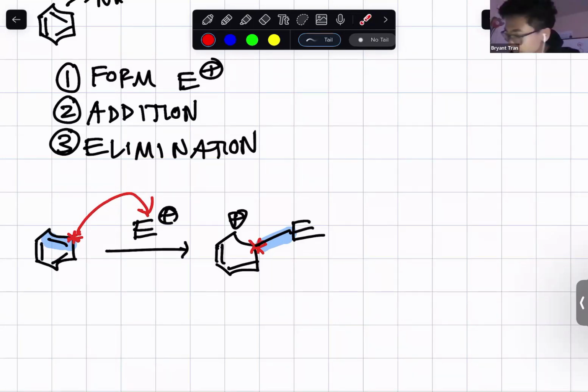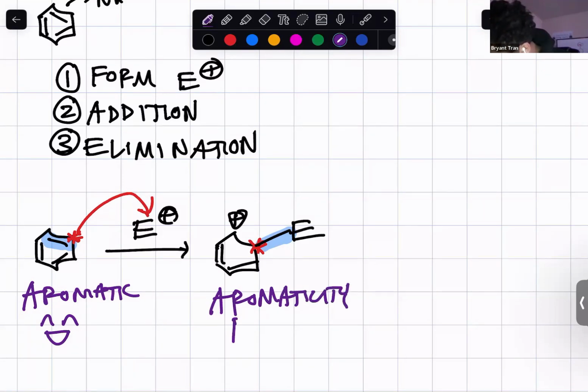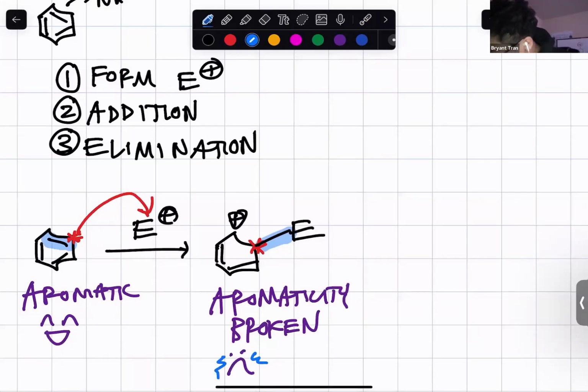And aromatic molecules are stable. So this benzene ring right now is aromatic, happy, and stable, right? But when we added the electrophile into this benzene ring, we broke the aromaticity, right? Aromaticity here is broken, right? So now it's less stable.